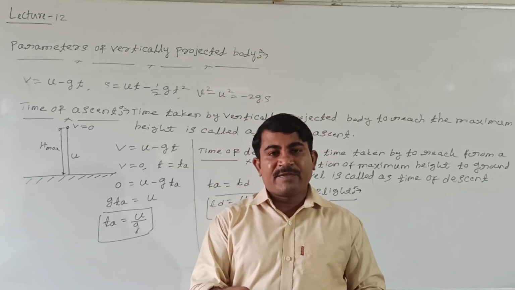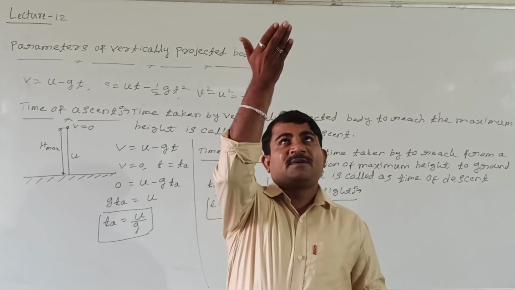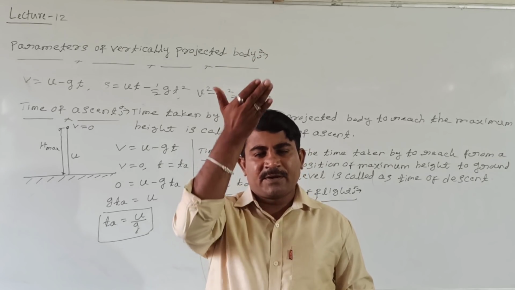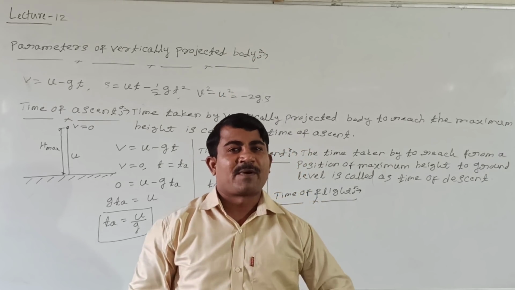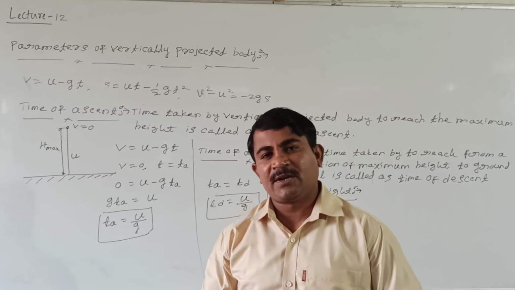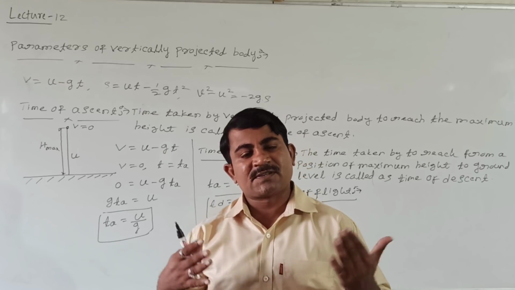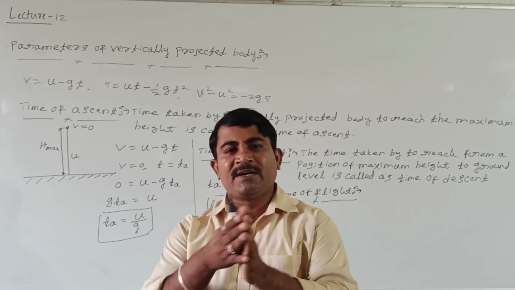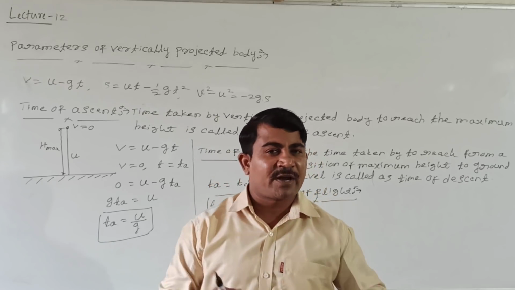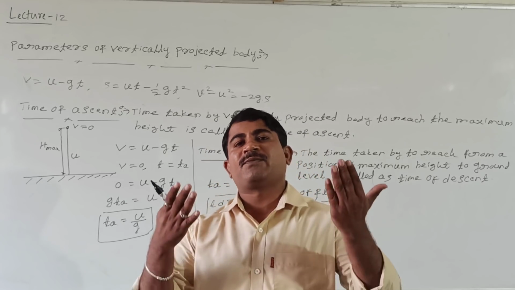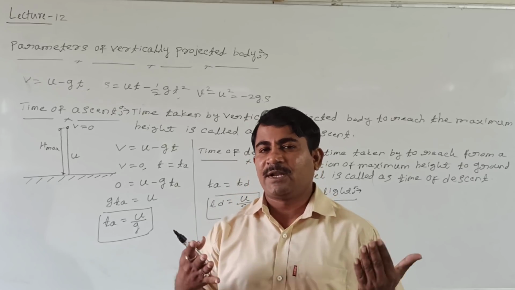I mean, from this point the body is projected upside and again comes back. To complete one journey, one closed path, how much time is taken? That we are calling time of flight. Simply, the time of flight is the sum of time of ascent and time of descent. Or we can define it in an alternate manner: the time taken by the body to complete its vertically projected path, that we are calling time of flight.